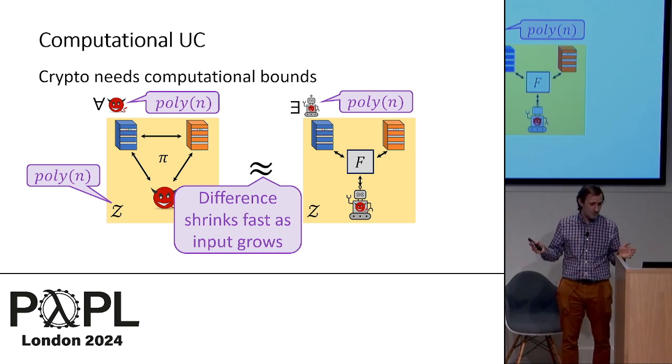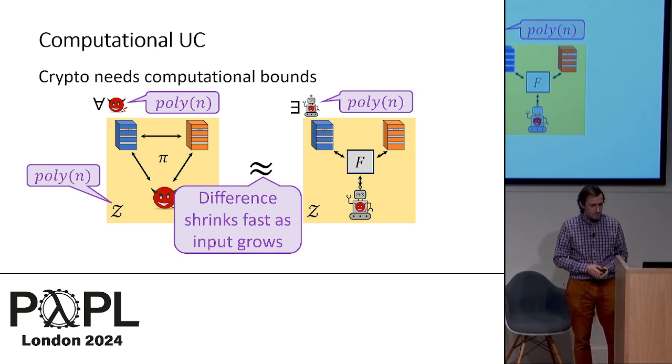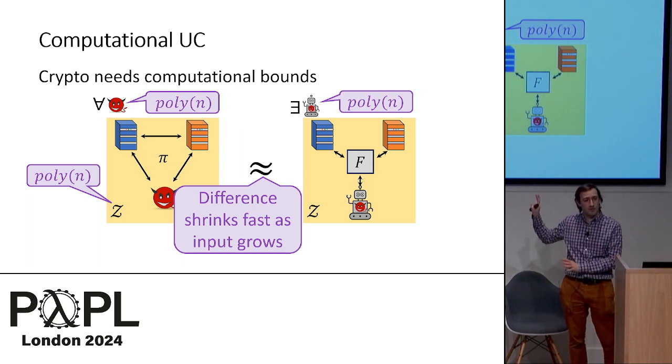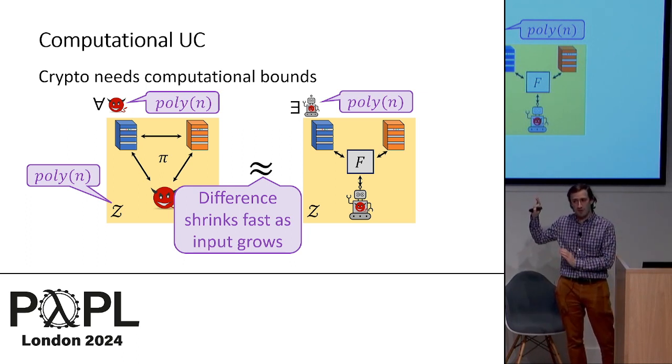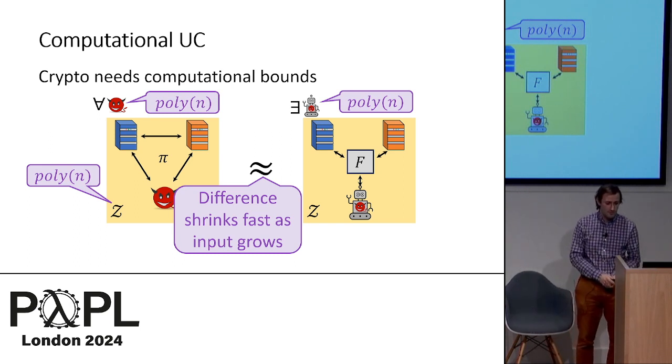Really fast here usually means exponentially fast. So this is what actual computational UC looks like. This is what people in the cryptography world use when they're talking about UC security.